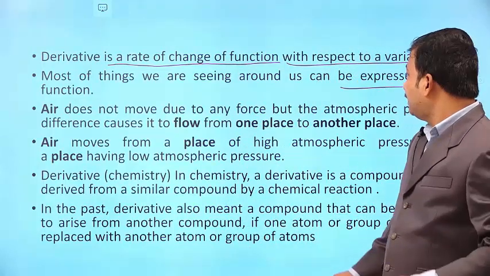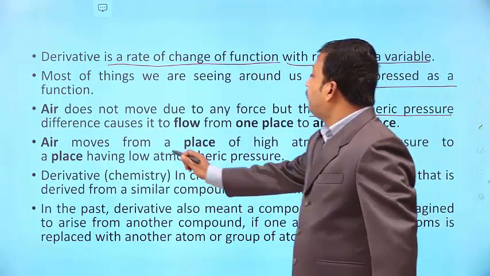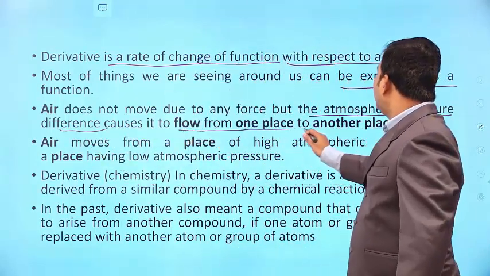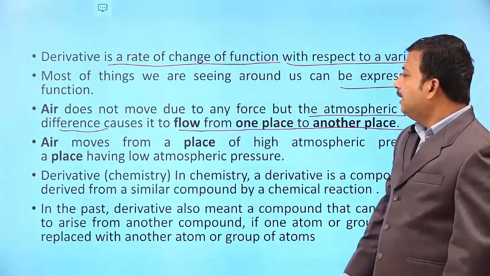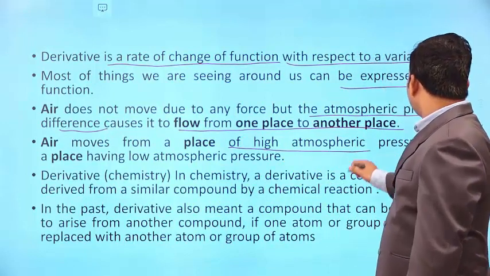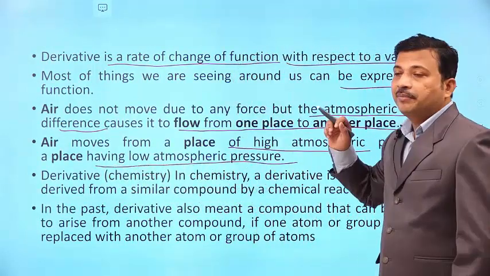It flows automatically. Why? Because the atmospheric pressure difference causes it to flow from one place to another. Air moves from a place of high atmospheric pressure to a place having low atmospheric pressure.